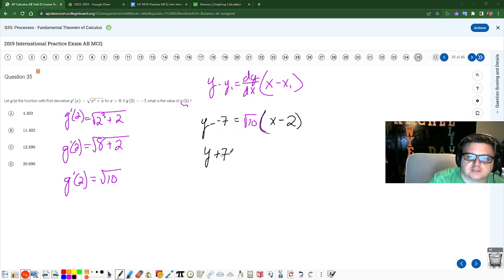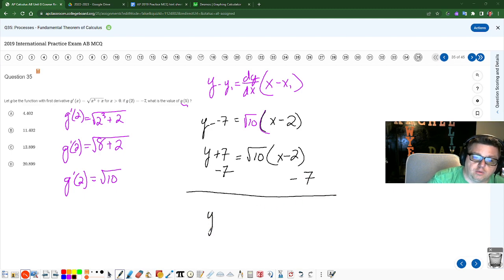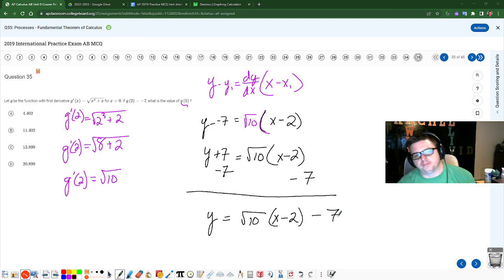So we get y plus 7 equals the square root of 10, x minus 2. We will subtract 7 from both sides. And here's a good example of what equation they were trying to show you, because distributing the square root of 10 doesn't really help a whole lot.